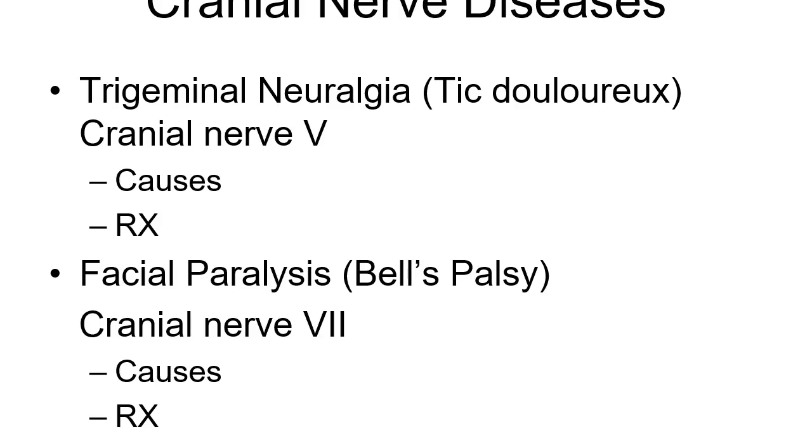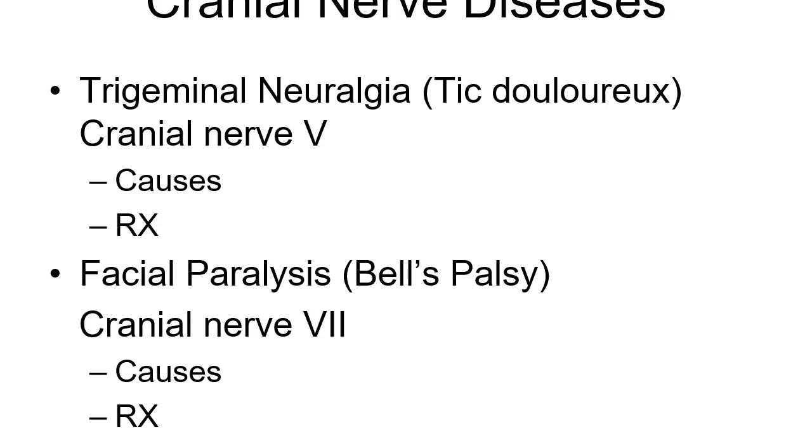Some of the treatments that we give these patients are anti-epileptic drugs such as gabapentin, Neurontin, which is helpful with neuropathic pain, Tegretol, Dilantin, various antispasmodics. Sometimes patients will have phenol or alcohol injected into the nerve to numb it, or they can have surgical decompression of that nerve. It is very, very painful.